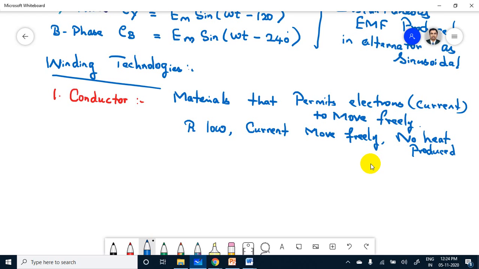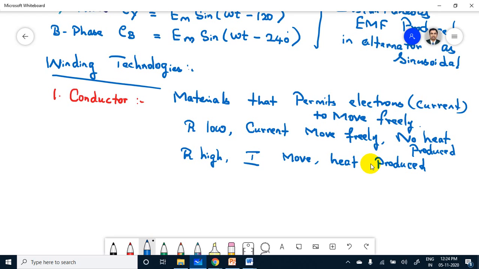Now, if the resistance value is high, what happens to my current? The current will still move, but heat is produced.